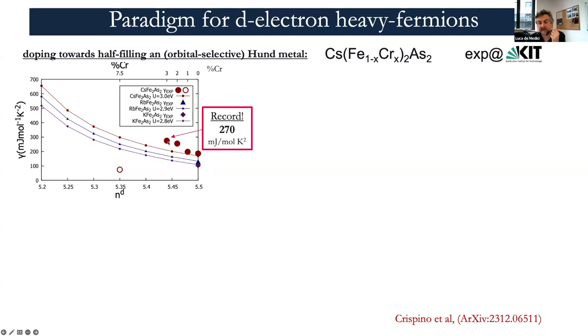And this starts being in the ballpark of the f-electron heavy fermions, with the advantage of the possibility of exploring d-electron heavy fermion physics without having to deal with f-electron materials, which can sometimes be rare or radioactive or complicated or hard to get or to extract and manipulate. So this seemed to us a good idea to give a systematic method to find new heavy fermions based on d electrons.